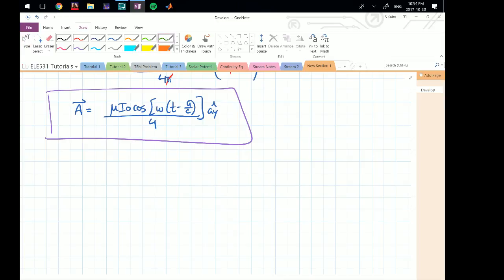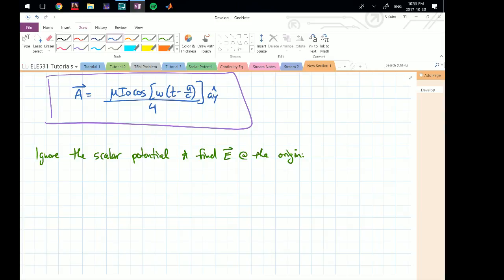So the second part of this question asks, well, it wasn't listed above actually. It says, ignore the scalar potential, and find E at the origin.